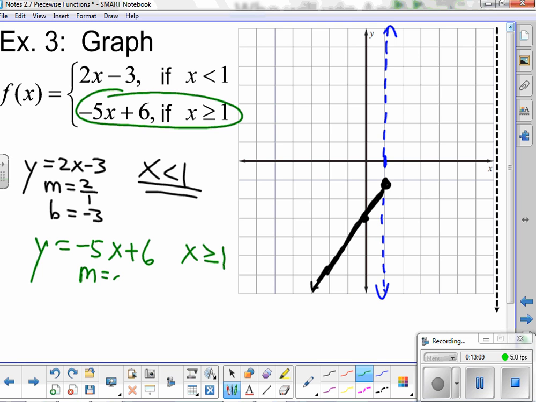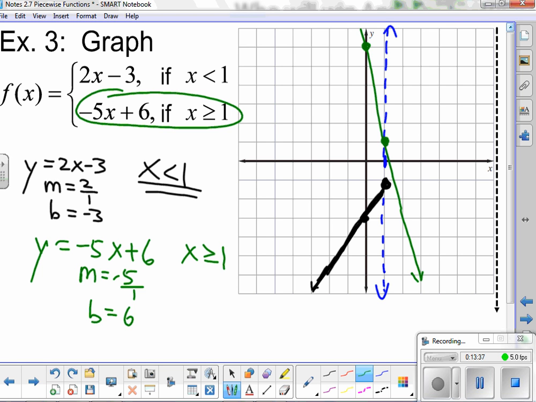So m equals negative 5 over 1. My y-intercept is 6. So I'm going to start at 6. So 1, 2, 3, 4, 5, 6. It's up here. Then I'm going to go down 5: 1, 2, 3, 4, 5, and over 1. Okay. And I'm going to draw this line.